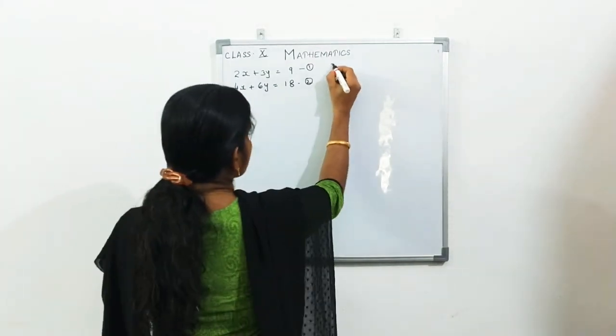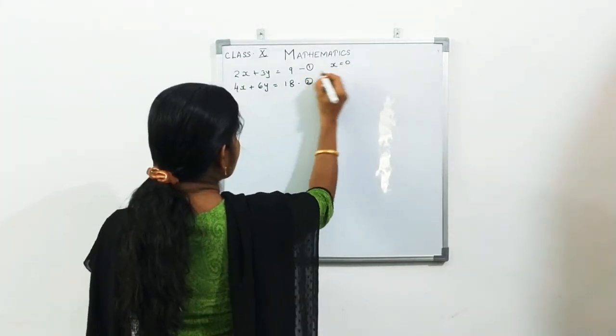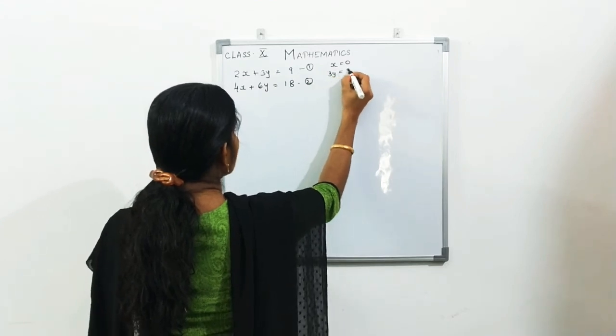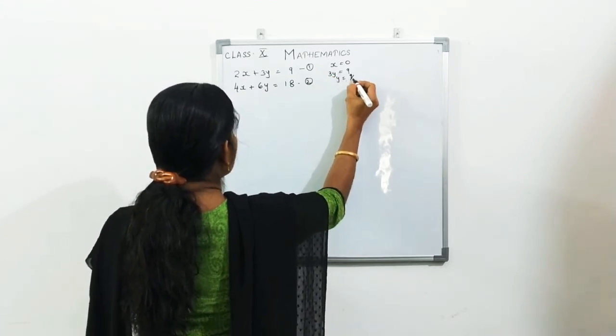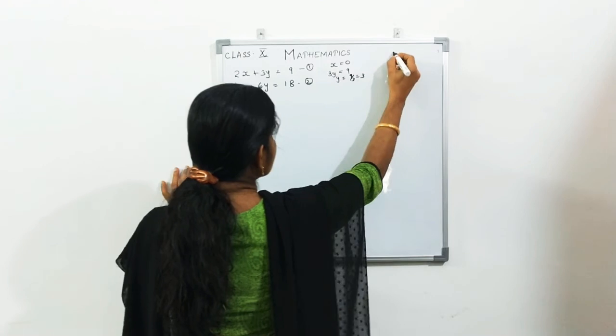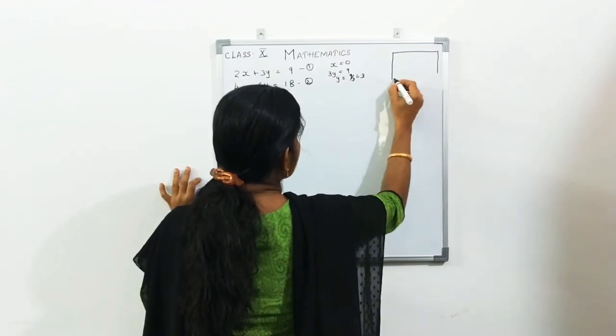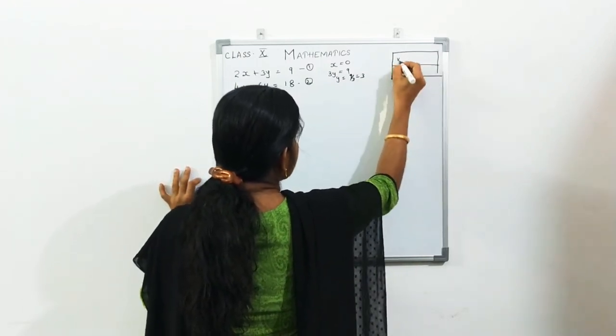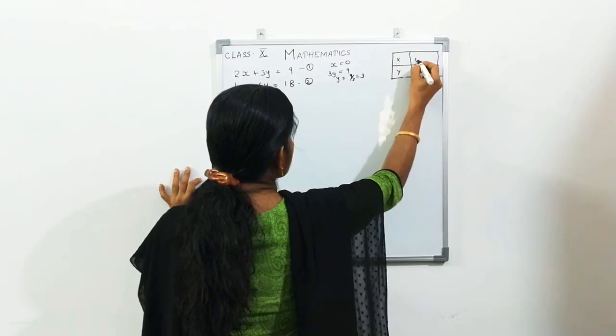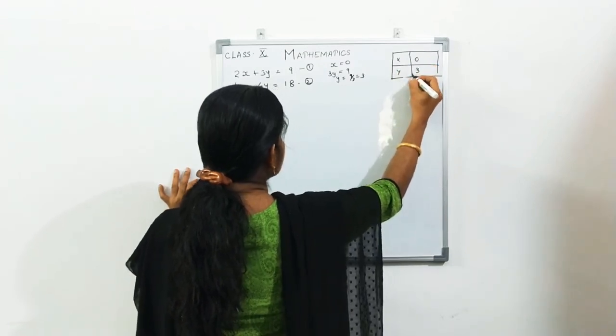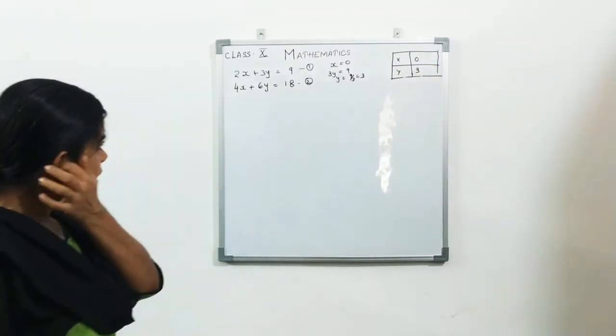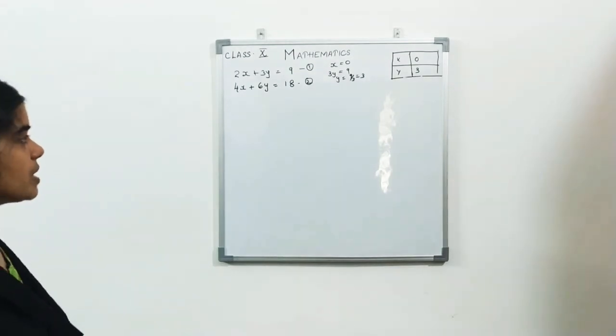First I am giving x is equal to 0, then what will be the y value? 3y is equal to 9, y is equal to 9 by 3, that is equal to 3. Then I am preparing the table also. x, y. When x is equal to 0, y you got 3. One more solution we needed.